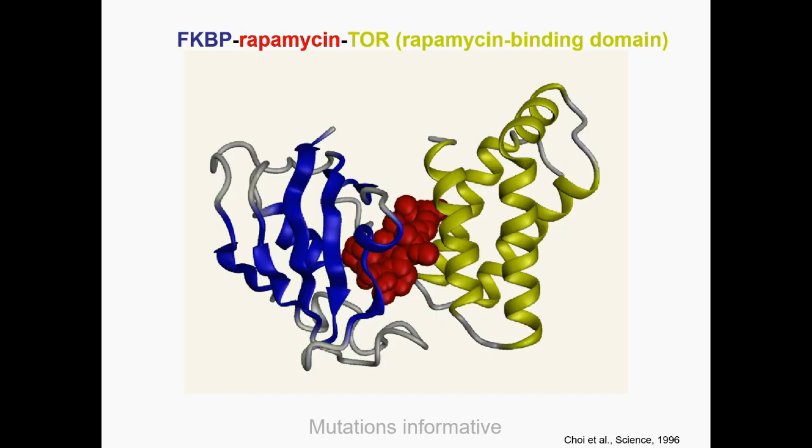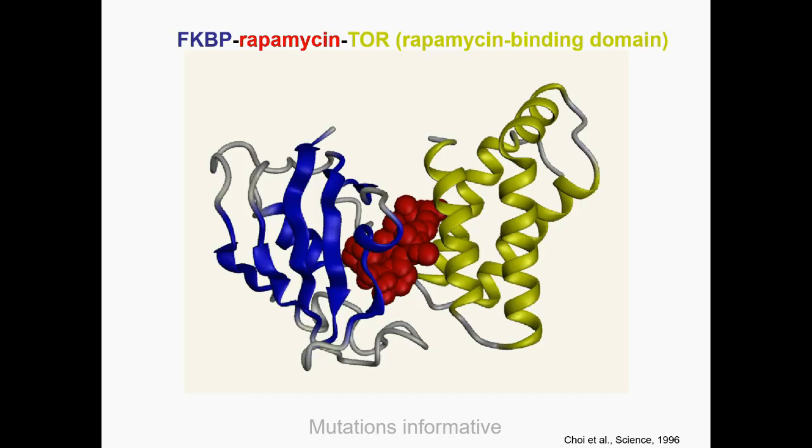So this protein can tolerate very little mutation, and every mutation we obtained in the gene encoding this protein fell in one specific codon, which encoded a key contact site between rapamycin and TOR. And the effect of these mutations, of course, was to prevent the binding of FKBP-rapamycin to the TOR.